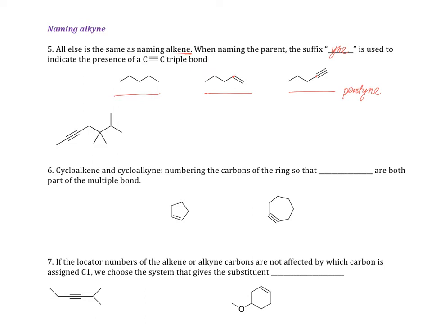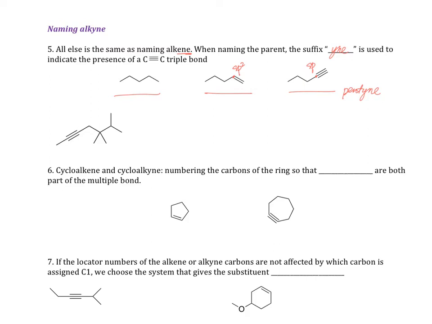If you look at the hybridization for this double bonded carbon, it's going to be sp2. So the geometry of an sp2 carbon should be trigonal planar, and for this carbon it's going to be sp, the geometry is linear, right? So for triple bonded carbon, always linear.